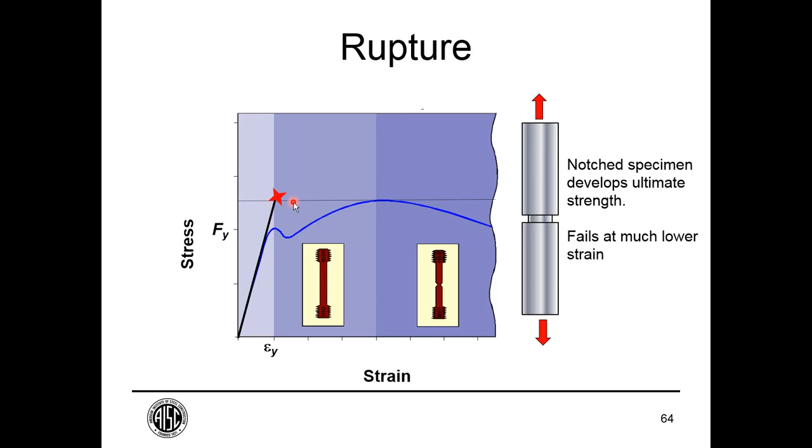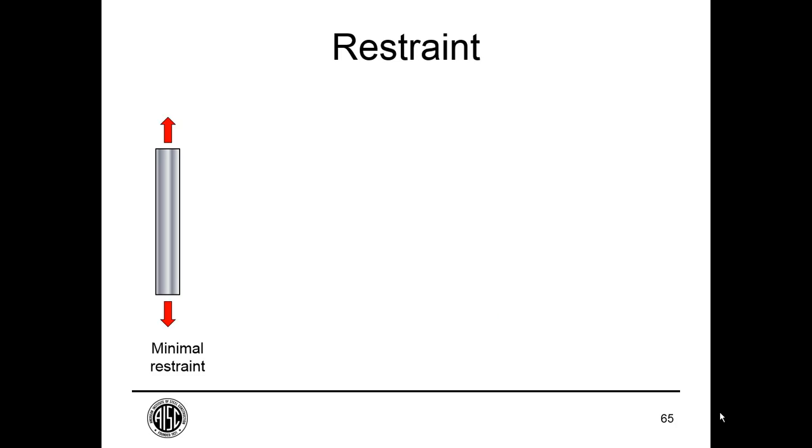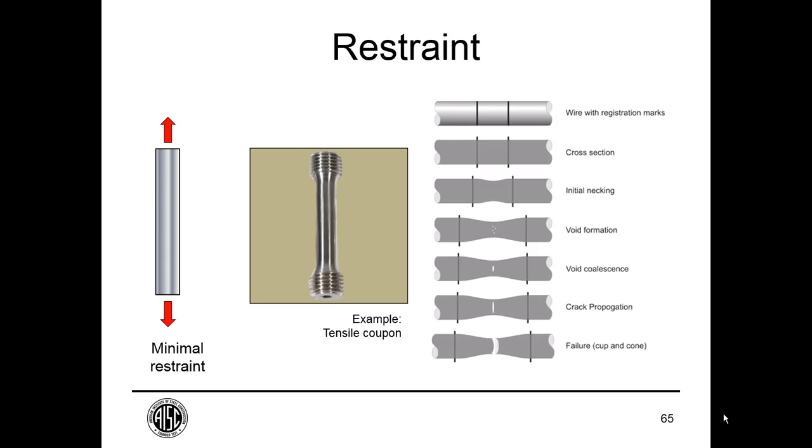So when you have conditions with high restraint, even though you're using a ductile material, you may not see the ductility in that element. So here, minimal restraint is the coupon, and as we pull on that coupon, we get the maximum elongation that we can get out of that material.